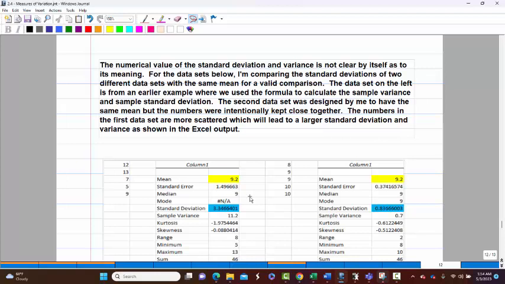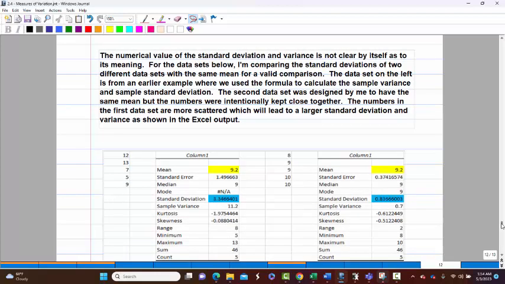Before we conclude this section and head to the homework, the last thing I want to show you is just to give you a feel for values close together versus spread out a little bit more. I took a data set that we used earlier, these 5 numbers on the left, and then I made up 5 new numbers, but I wanted them to have the exact same mean. I intentionally made these closer together, not very spread out, but the numbers we had originally are more spread out, and they produce the exact same mean.